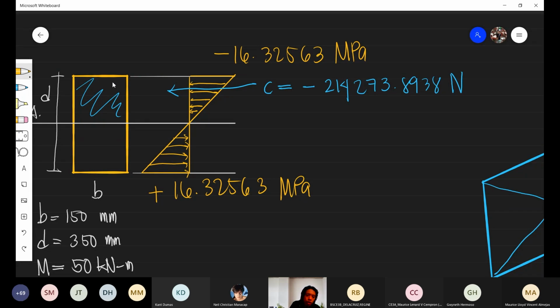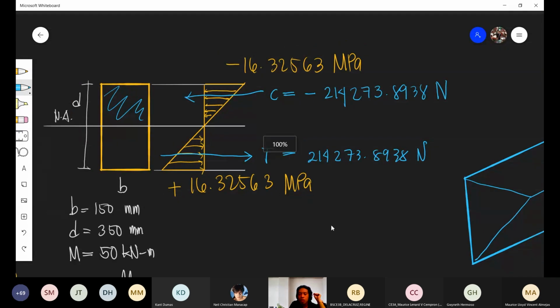This is just a rectangular section. So ibig sabihin, ang force nga ma-represent hini, which is directed to the right, denoted by T to denote tension, is just equal to 214,273.8938. This is in Newton. Diba?